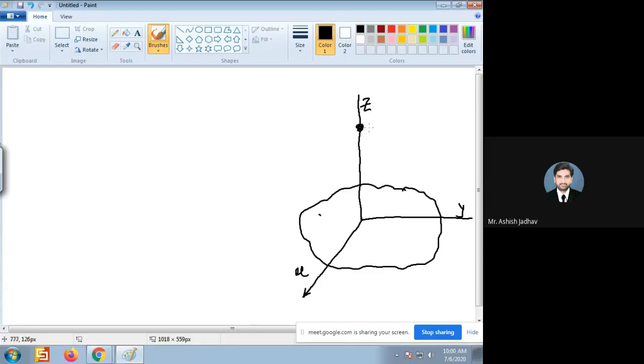Let us say this point is P. In rectangular coordinates, the coordinates of point P would be 0, 0, z. In the cylindrical coordinate system, the coordinates would be 0, 0, z. At this point we want the electric field intensity because of this entire surface charge.